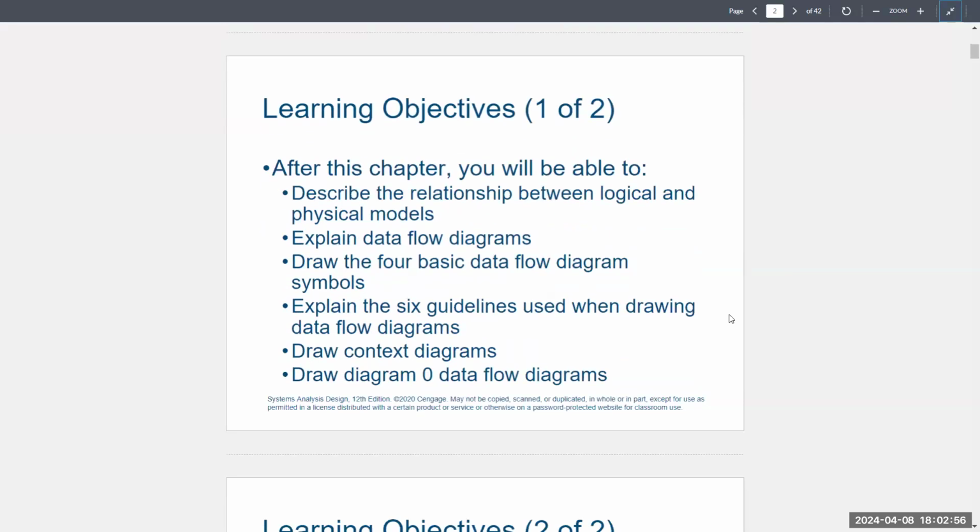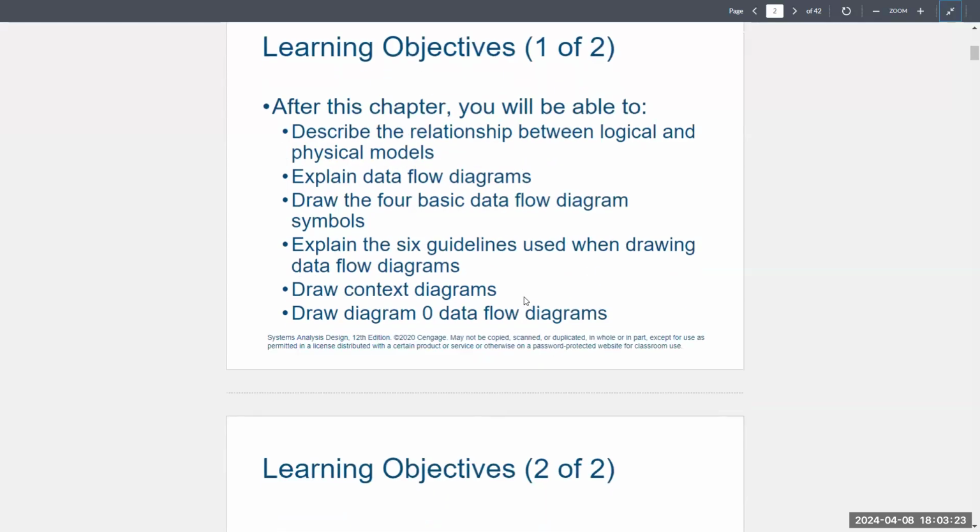And different types of artifacts are produced as part of the analysis phase, including the business requirements document, functional requirements document, functional decomposition diagram, data flow diagram, several artifacts, right? So we're going to talk about primarily the functional decomposition diagram and also the data flow diagram in this chapter.